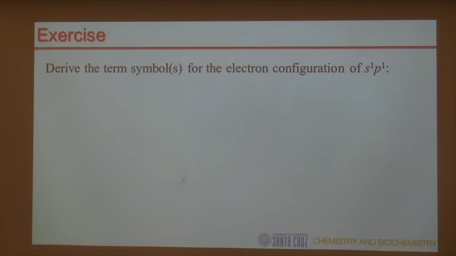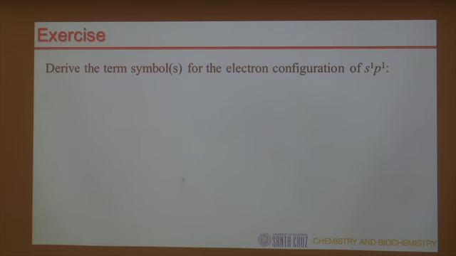Because the electrons are indistinguishable, if you switch the positions of the two, it doesn't matter. If you switch both up to both down, it doesn't matter. So we have at least two situations, and you will end up with two term symbols. We won't have time to derive all, so let's derive the term symbol for this one as an example.